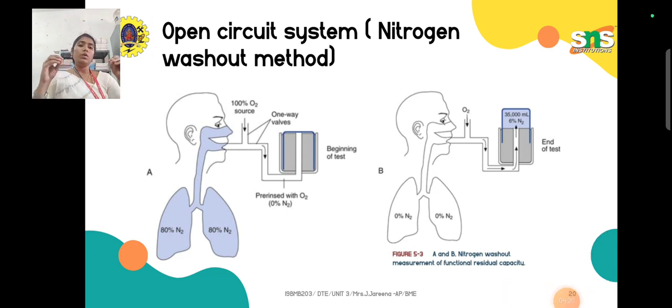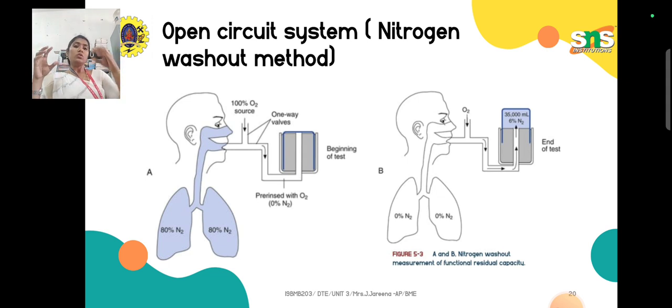Okay, so what will happen, this is not one set of experiment. Here you have to take multiple breaths. First the patient exhales, so some amount of nitrogen gas moves out and is collected in the bag. Again the patient takes pure oxygen, since there are no other gases.